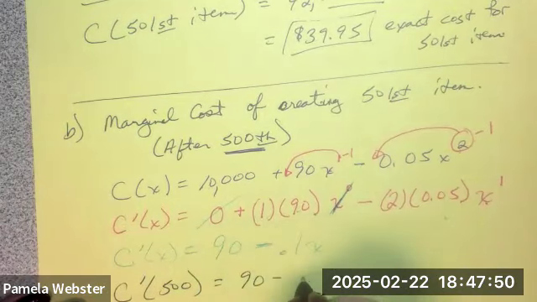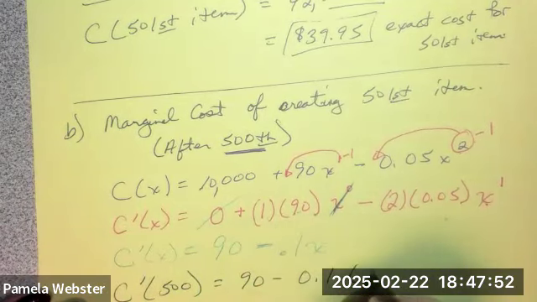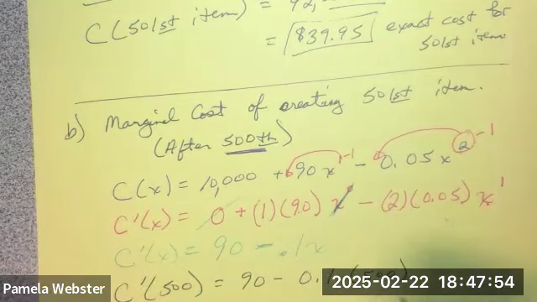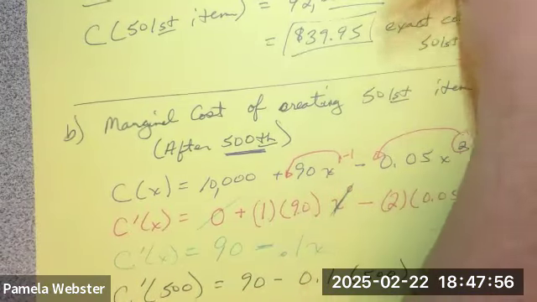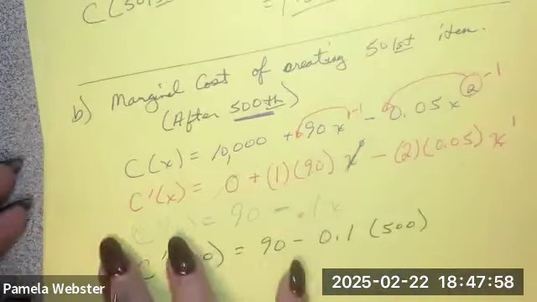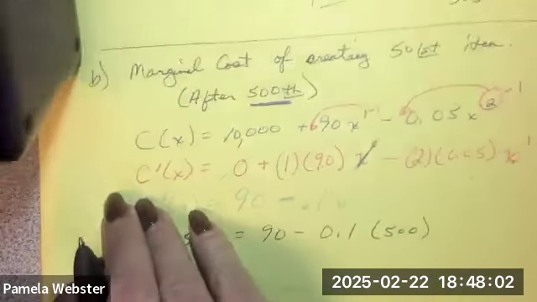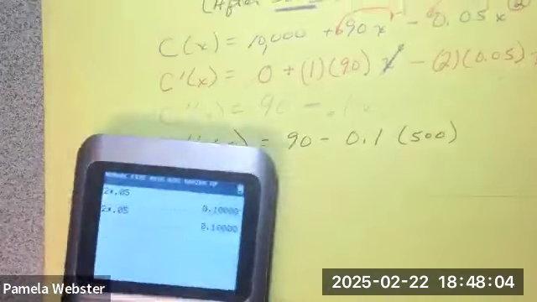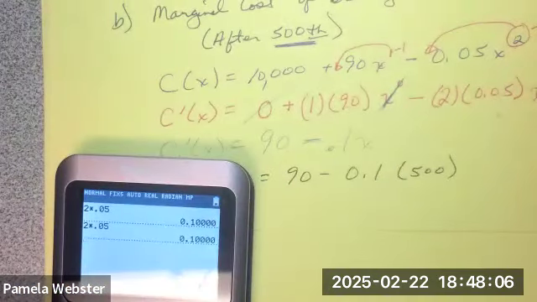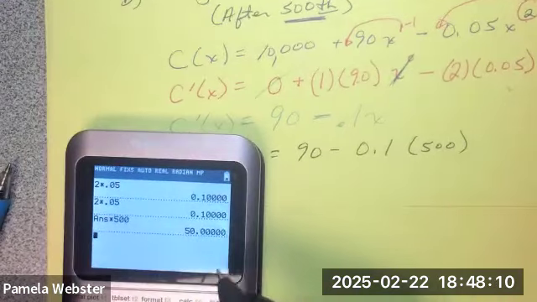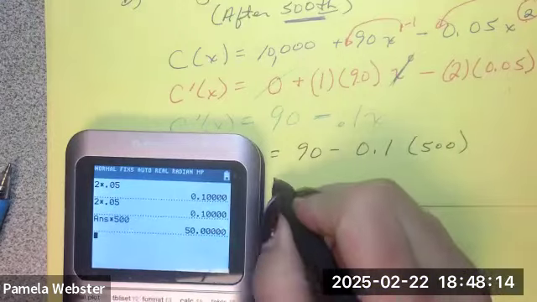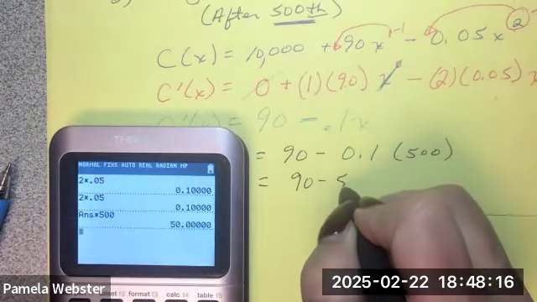So I'm going to plug in 500. Okay. I'm going to figure out that 0.1 times 500 is going to move that decimal place just one place, right? So that's going to be a 50. So this is going to be 90 minus 50.